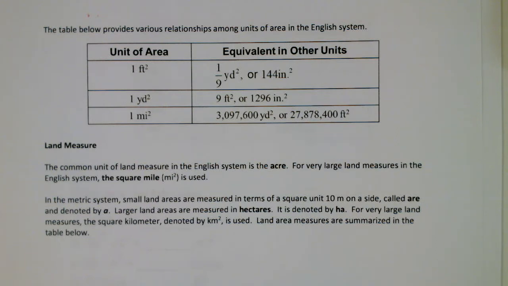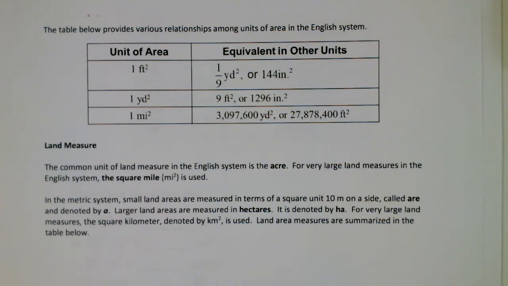And also 1 square mile would be 3,097,600 square yards. And that's because a mile itself is 1,760 yards. Square the 1,760, you'll get 3,097,600.